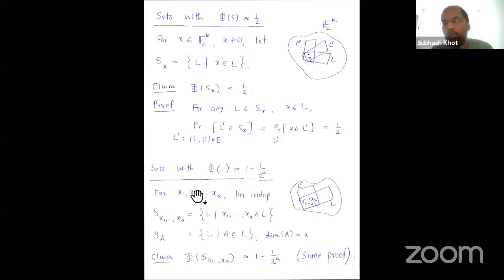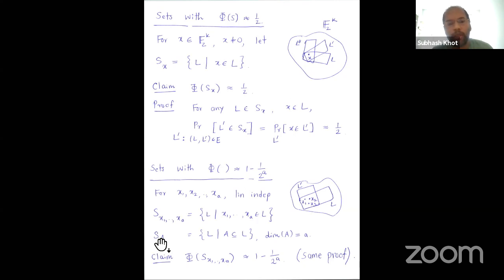And now you can extend these sets a little bit. You can in fact pick a small number of points, x1, x2, up to x sub a. Think of a as a small constant like 3. And these are linearly independent, so these are 3 linearly independent points in the whole space. Then let the set S sub x1 through xa be all subspaces L which contain all these points x1 through xa.